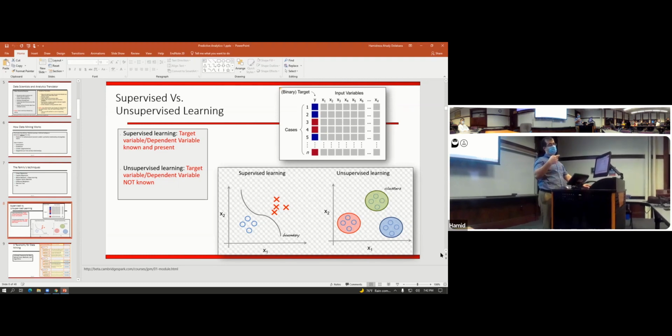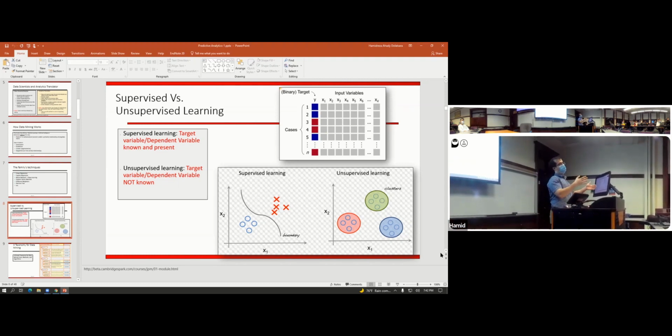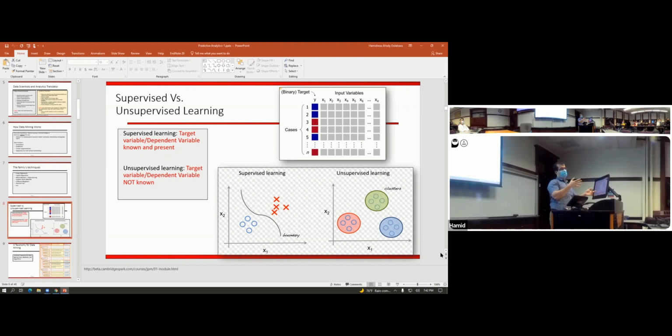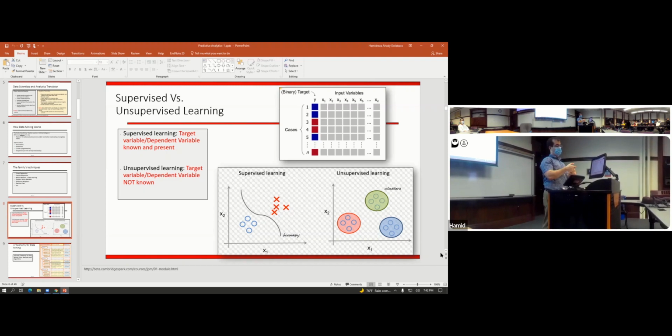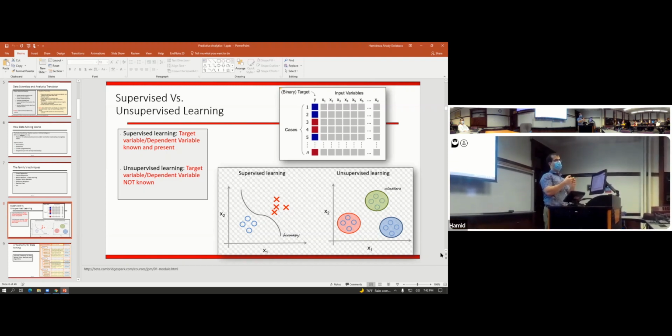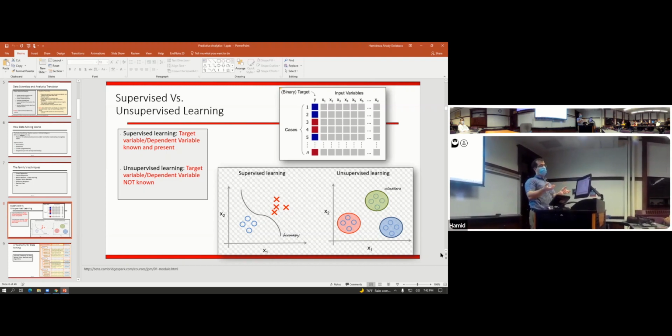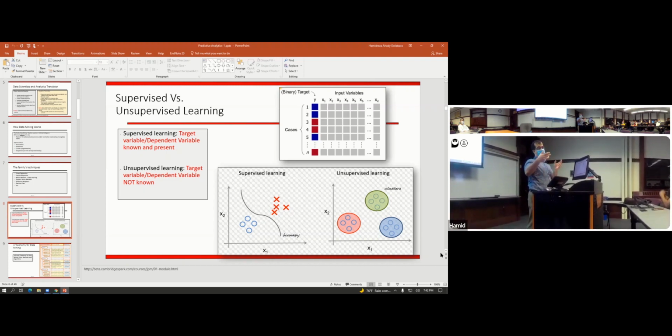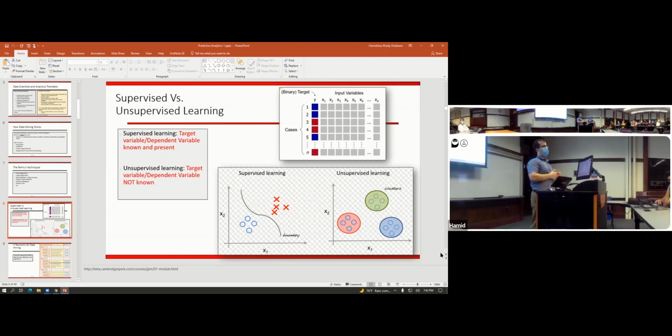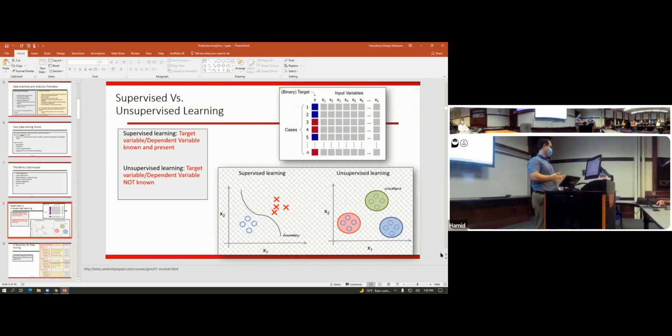Your model has some independent variables, maybe volume, number of trades, maybe exchange rates, oil price, or some news information. And the dependent variable, the target, is the Bitcoin price. So you have historical data to train your model, and at the end, you want to predict a target or dependent variable. So this is supervised.